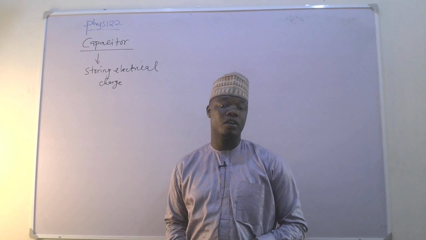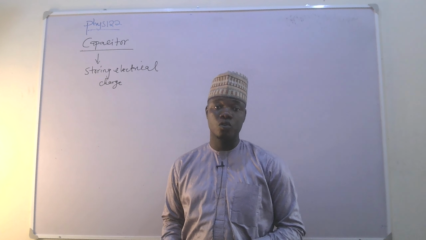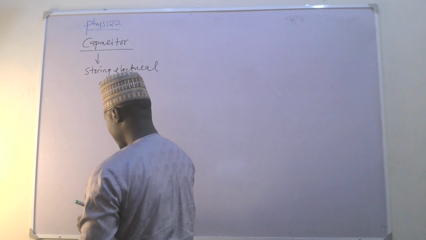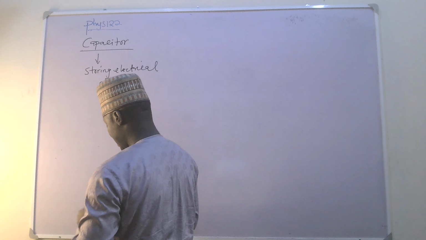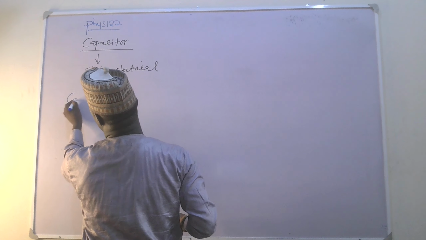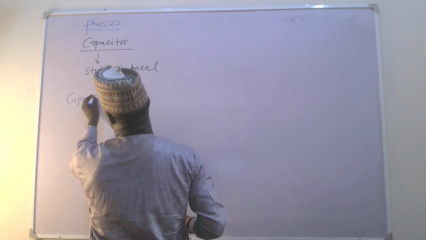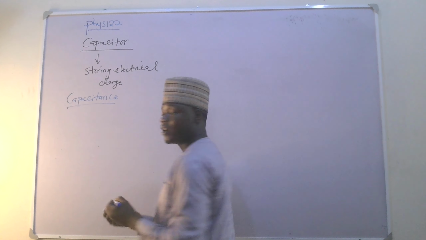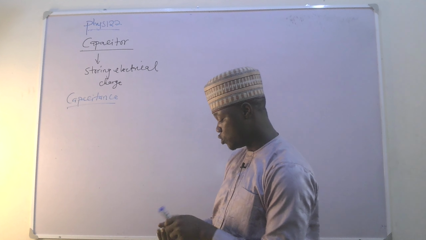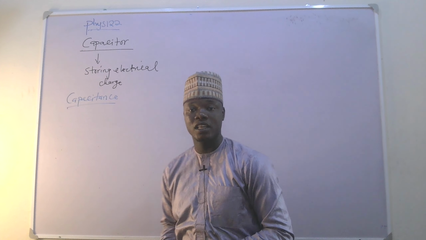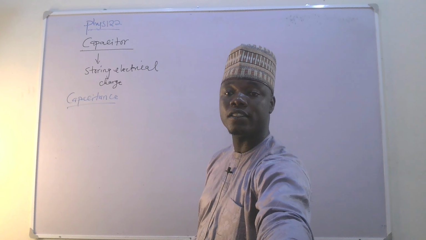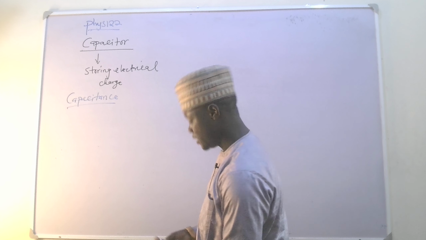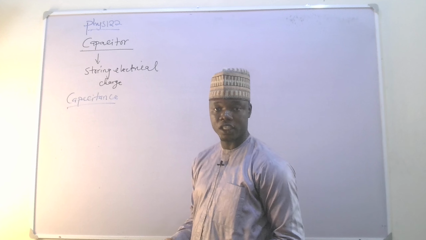And of course, apart from a capacitor, we have what we call capacitance. A capacitor is a device that you use for storing an electrical charge, while capacitance is different. Capacitance is like a process.